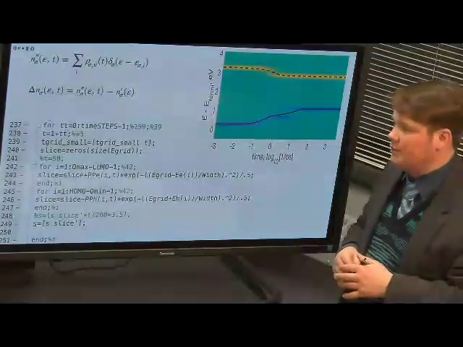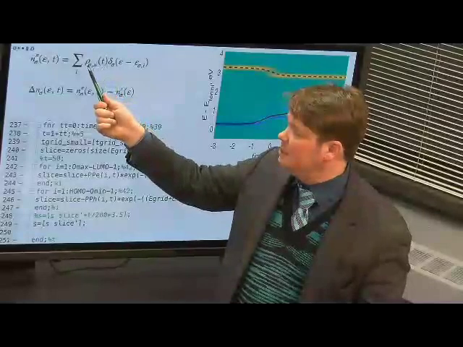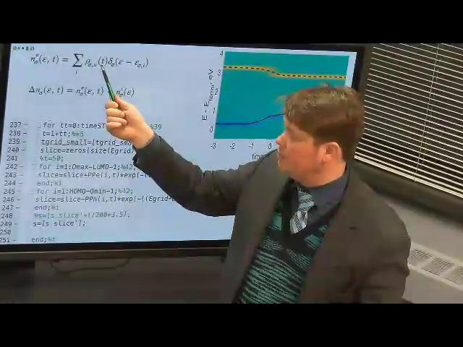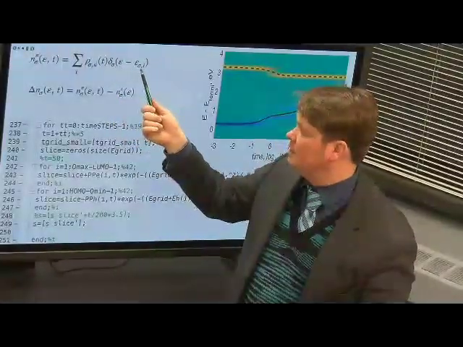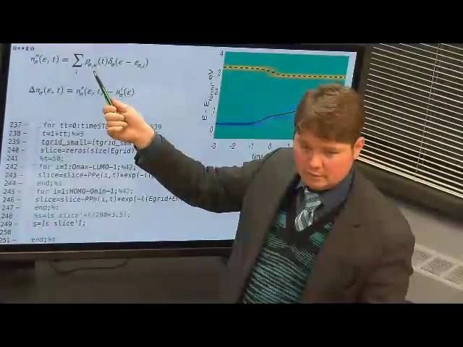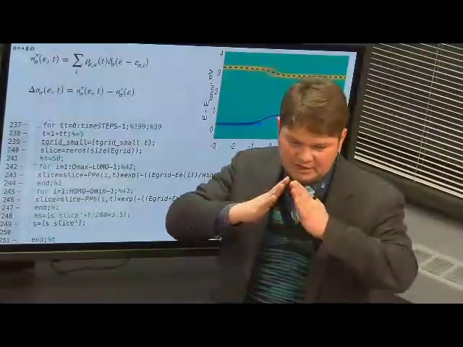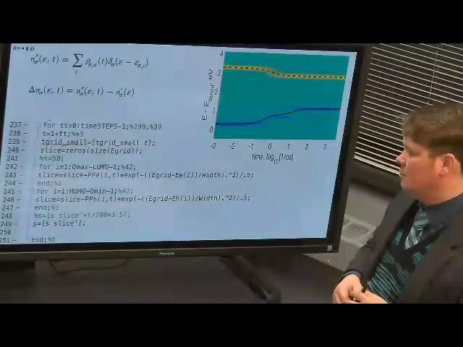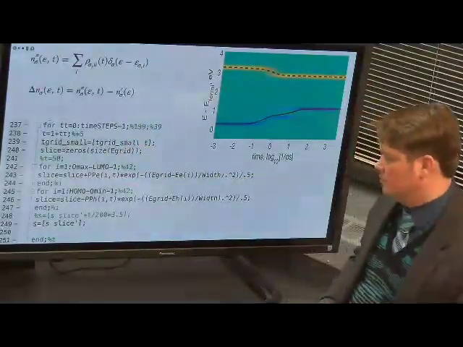So how do we program it? We take the occupation of each orbital at each time and multiply it by a distribution function that is centered at the energy of the given orbital. Under this delta, we understand not a true delta function, but something with finite width. And then we subtract the equilibrium distribution for green.